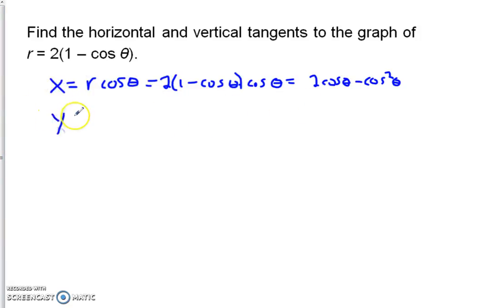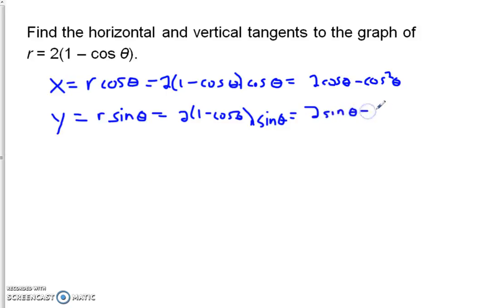And the y value is going to be r sine theta, which is equal to 2 times 1 minus cosine theta times sine theta, which is equal to 2 sine theta minus 2 cosine theta sine theta.